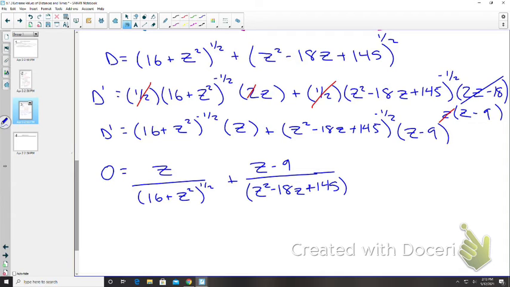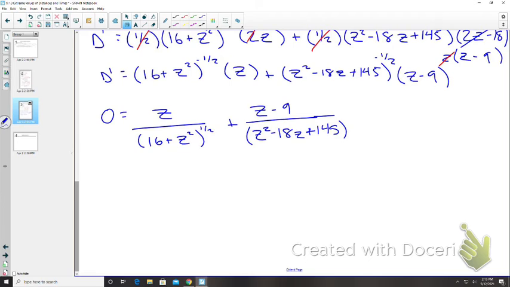All right. So we're going to be solving for our z here, so we have to use our calc skills from previous courses. So let's subtract z over 16 plus z squared to the 1/2 from both sides.